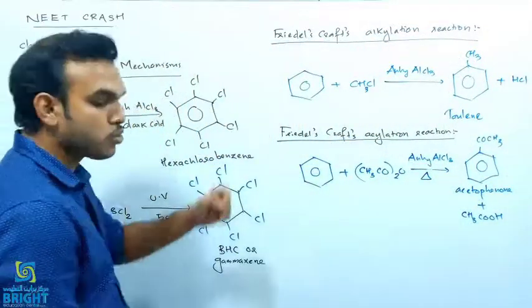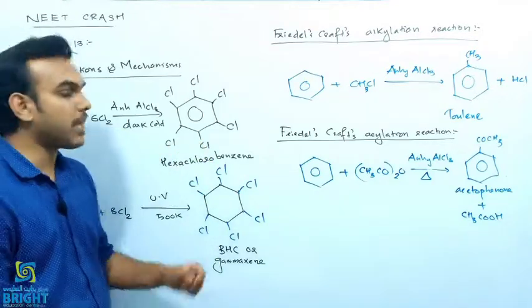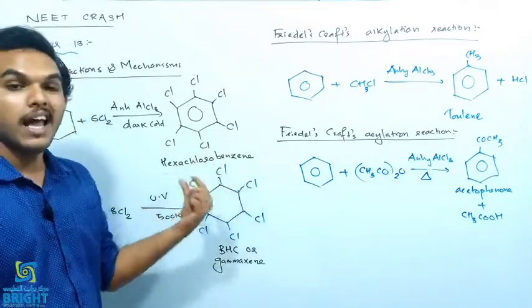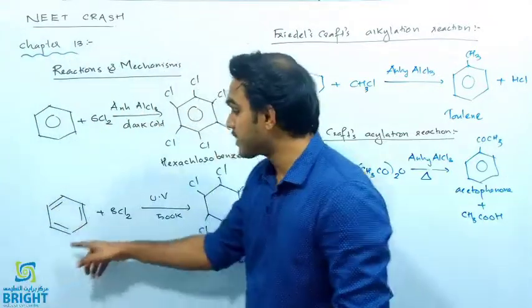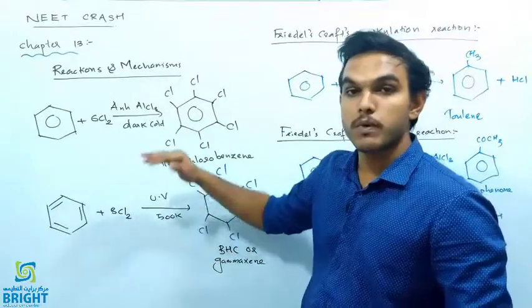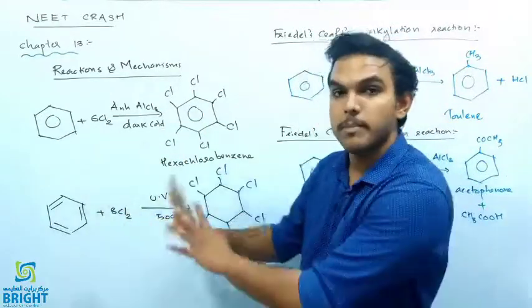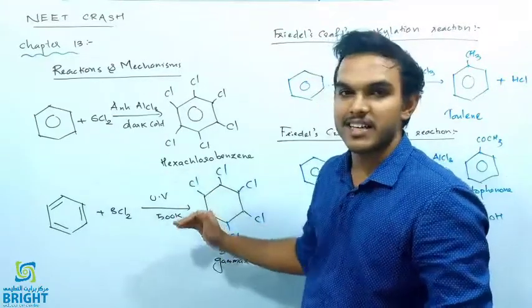Is that clear? Then see, when benzene reacts with 3Cl2 in the presence of UV, I am writing this reaction together. When you think, if it reacts with chlorine, will it be the same? No, it will not be the same, it will be different. So for that I am doing these reactions together.